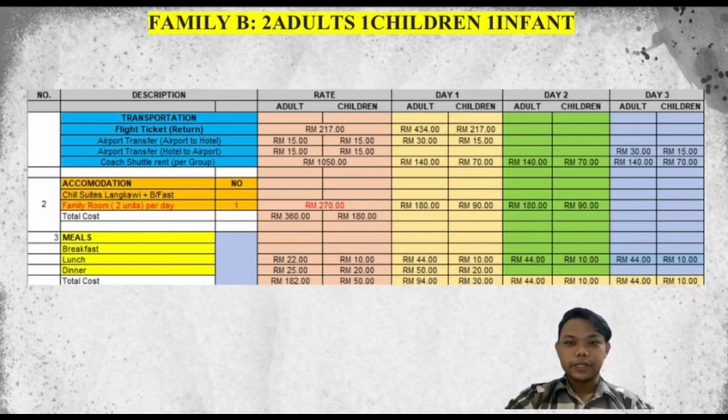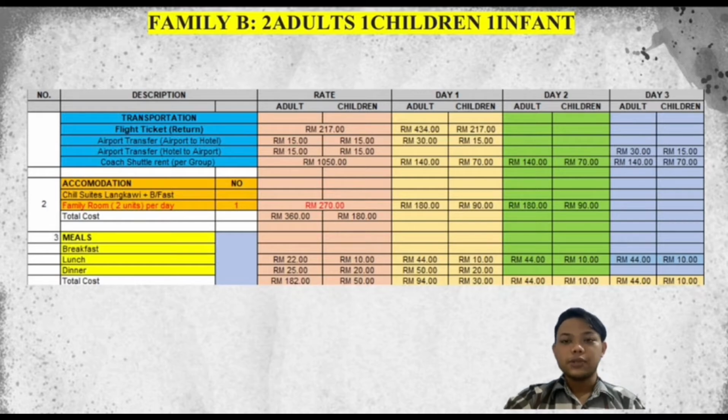Now we're going to talk about meals. For the breakfast, it is provided by the hotel in the package. For lunch, the rate is 22 ringgit for adult and 10 ringgit for children. For the day 1, it will take 44 ringgit for adults and 10 ringgit for children.